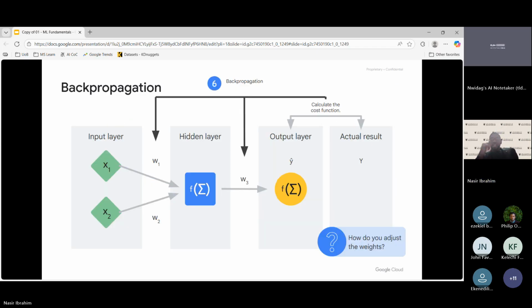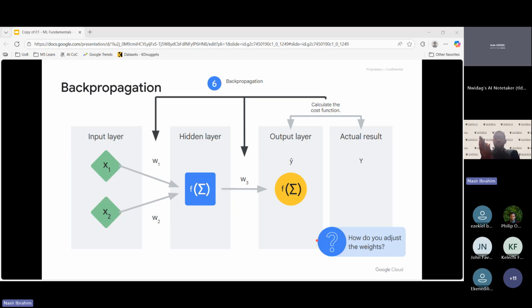Now, there is one concept that was, I think, one of the most instrumental concepts in neural networks, which is, depending on the values of the cost function, the model is going to go back.